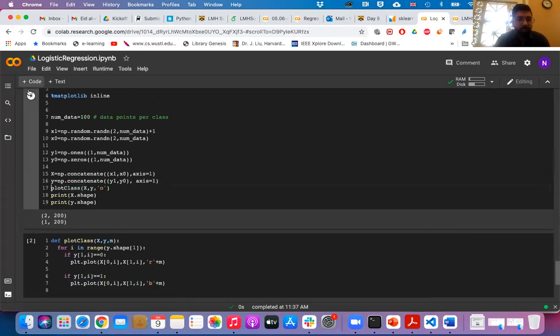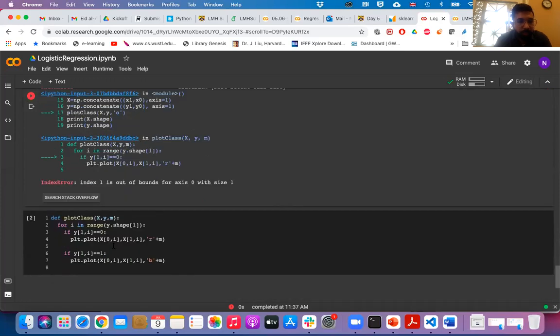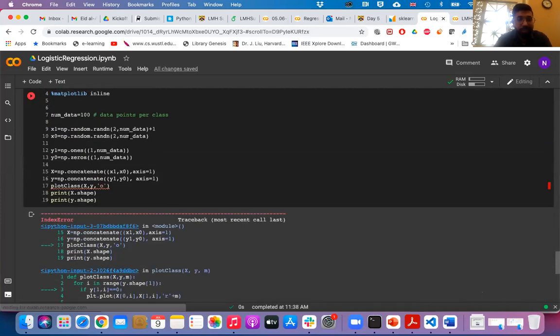And now let's run this again. Okay. Index is out of bound as it should be. This is 0. Remember, the first row or first column is indexed by 0.